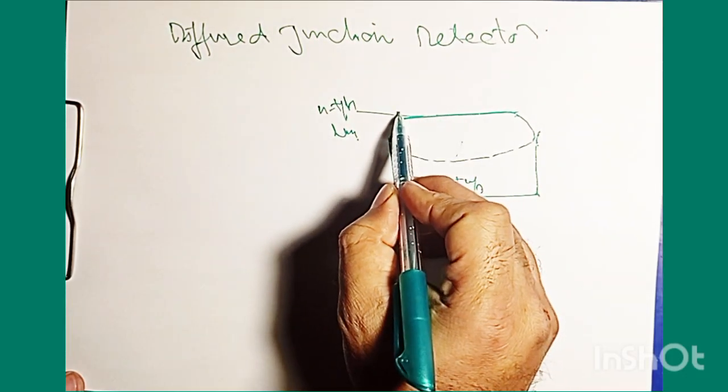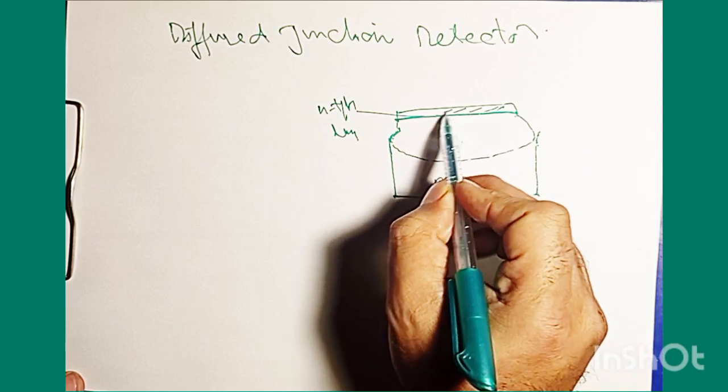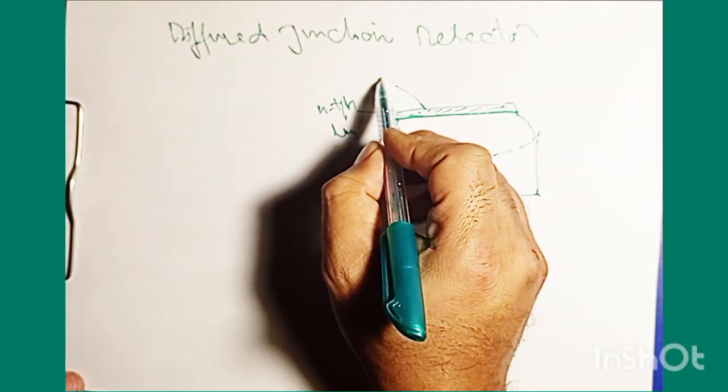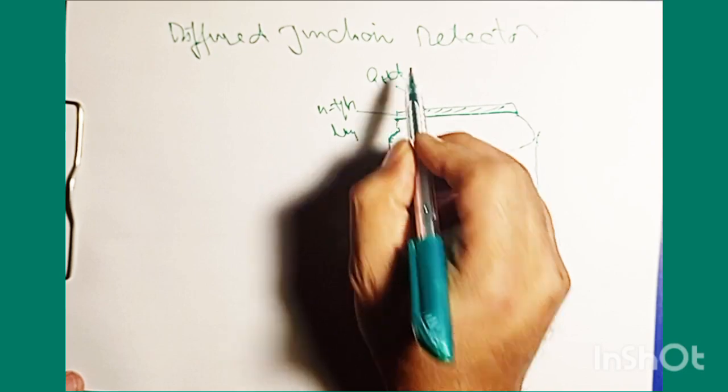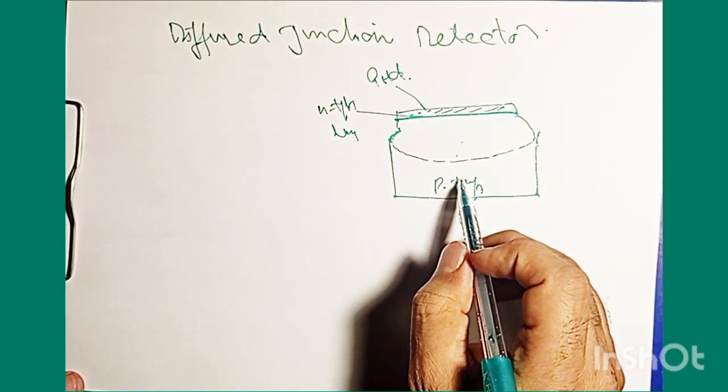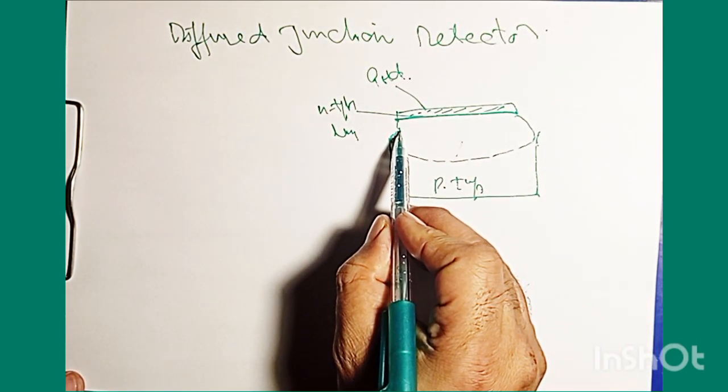It is plated with gold, so that we have a proper metal contact. This is the depletion layer.